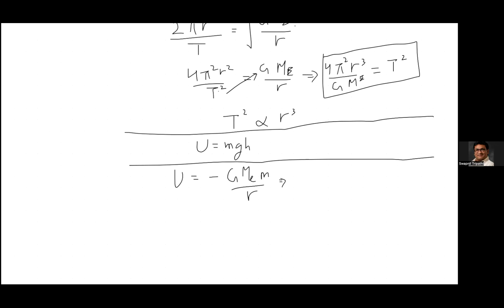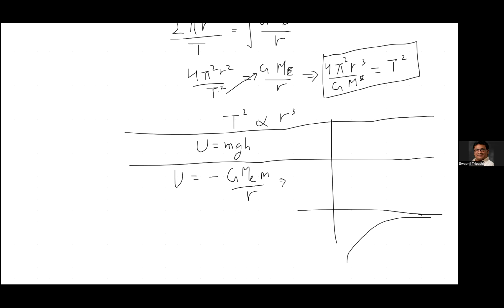From this concept, if we draw a graph, it will look like this. It's very negative. The closer you are to the center of the Earth, the more negative the magnitude.